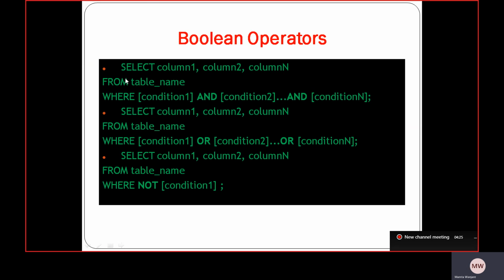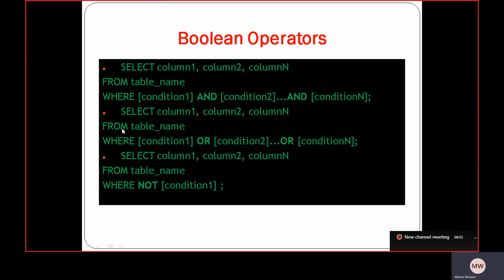Next are Boolean operators. For that, SELECT column 1, column 2, column n FROM table name, if you want to see what you have inserted into that table. So SELECT is there, and whichever columns you want to see; if you want all columns, mention them here. A WHERE condition should be there: condition 1 AND condition 2 and up to condition n.